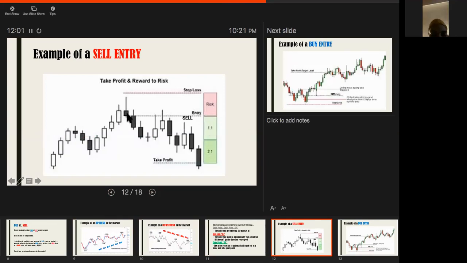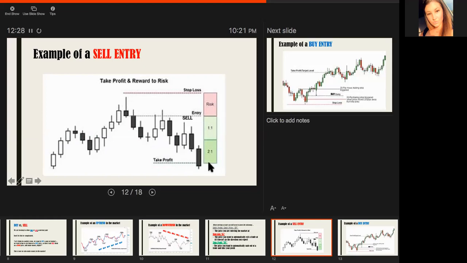Okay, so let's say right here is a zoomed in version of when price is high. Here's where we're going to set our entry, and then we're going to take our profit below it because as price goes down, that's where we're going to make our money, right? In a sell, it's a downtrend. So as price goes down, as price decreases, that's where we're making our money.